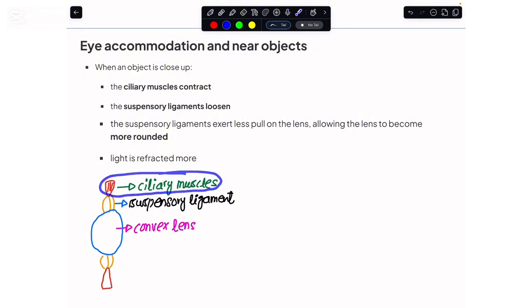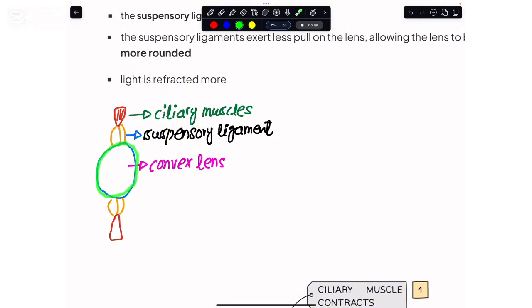Here the ciliary muscles now contract, not relax. When they contract, the suspensory ligaments loosen up, the tension or pull on the convex lens is released, and the lens becomes more convex.